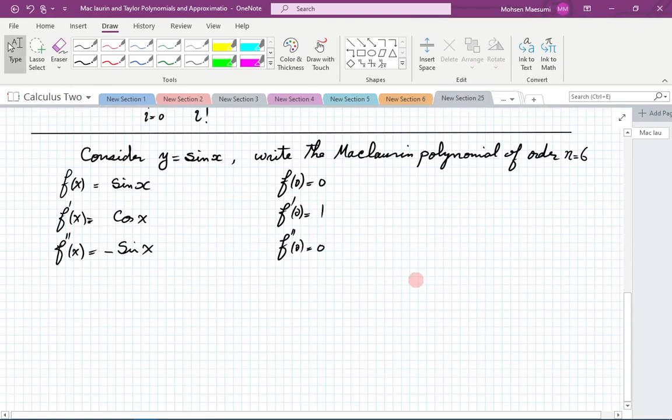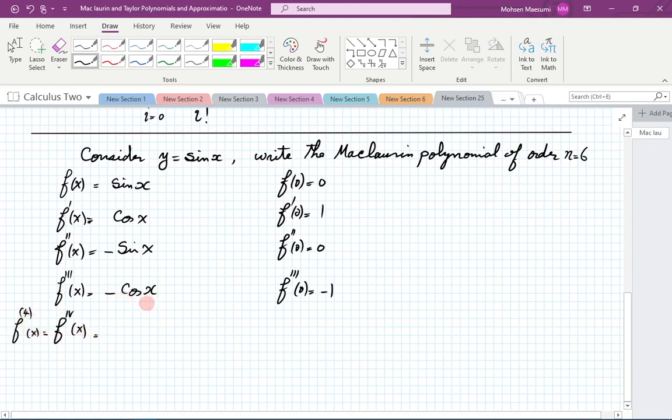So we are going to say that this function has a peculiar pattern to itself. So third derivative, we are going to go back to cosine, and its value at 0 is going to be minus 1. When I take the fourth derivative, okay, we agree to write it like this: fourth derivative.